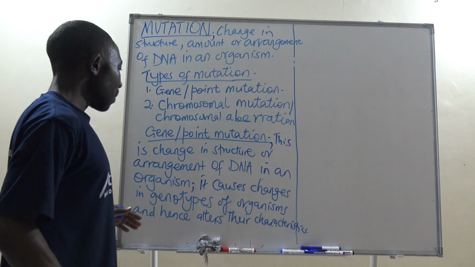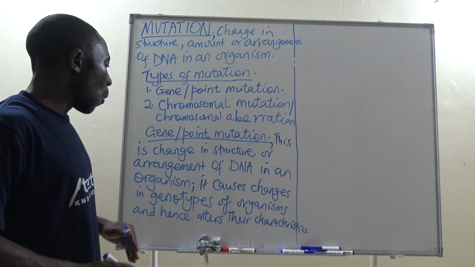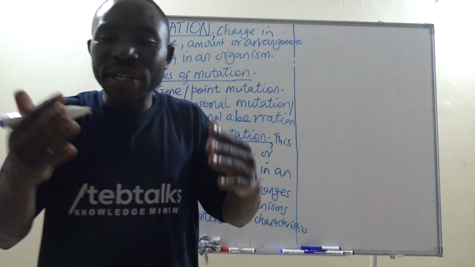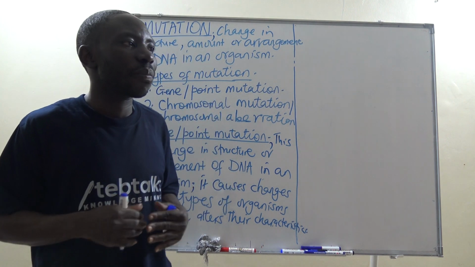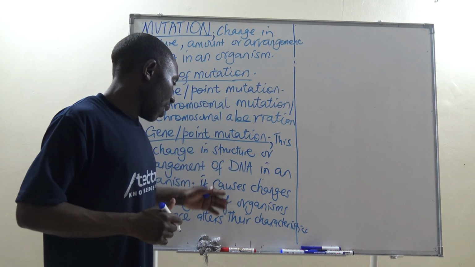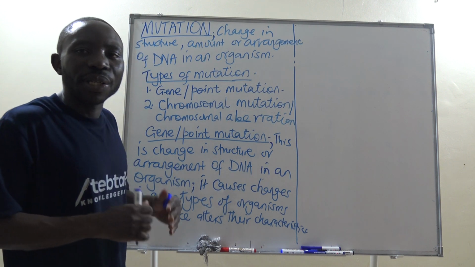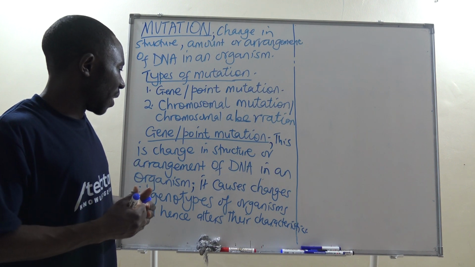Now, we have a gene mutation which occurs in germ cells, the cells which eventually become reproductive cells. That kind of mutation is called germ mutation, and it can be inherited by the offspring.